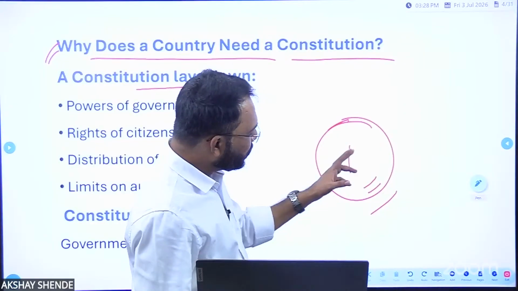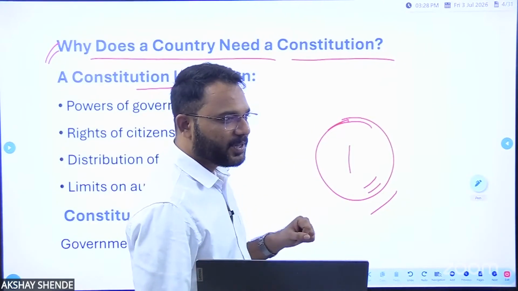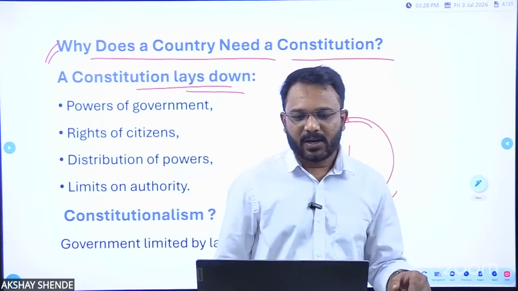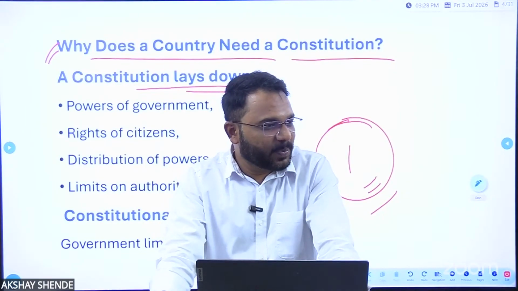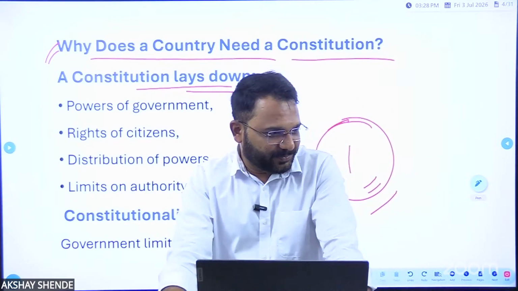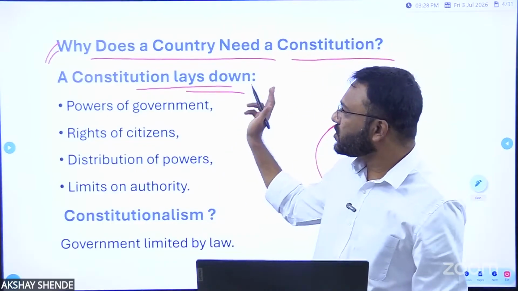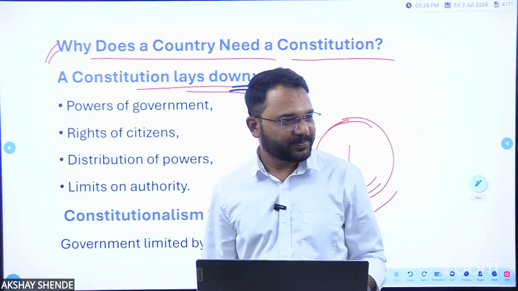So if the rules are not demarcated on the ground, there would be conflict. Similar conflicts would be observed in a country. So to avoid such conflicts, such problems, the constitution is written.